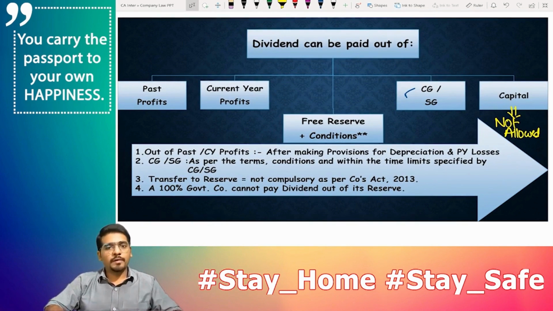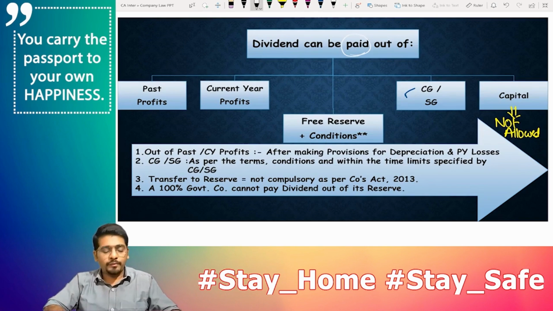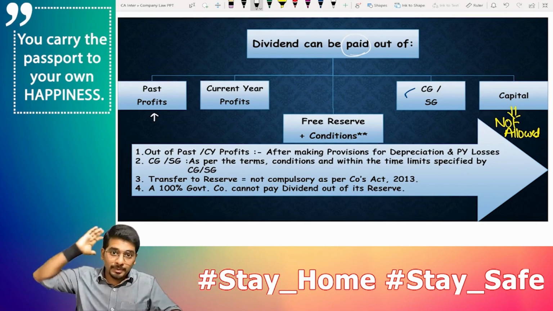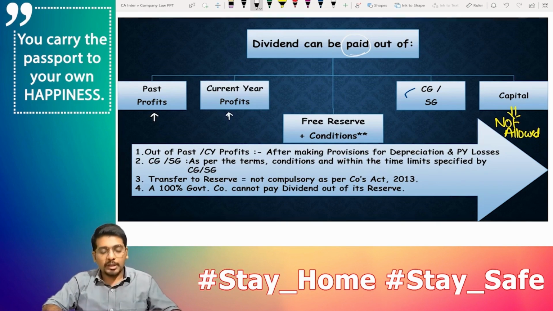Dividend can be paid out of what? That is the first question. So dividend can be paid out of what? Do you have past profits in your company? Yes. Dividend is distribution of profits. So if you have profits of some previous earlier years, you can use that also. If you have profits in the current year, you can use that also.